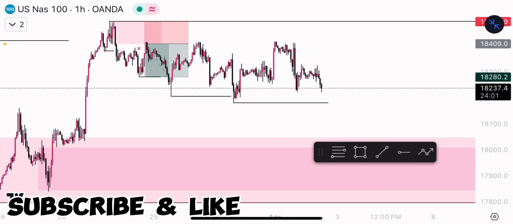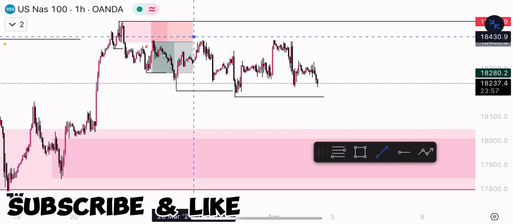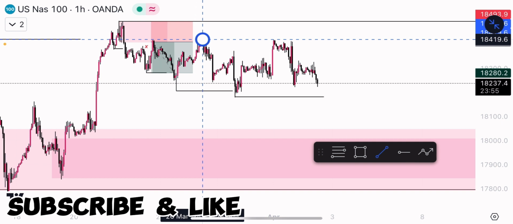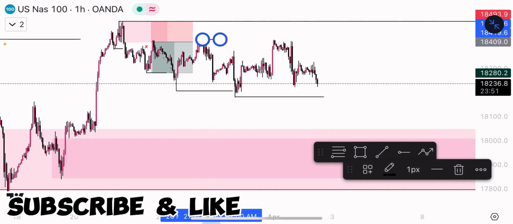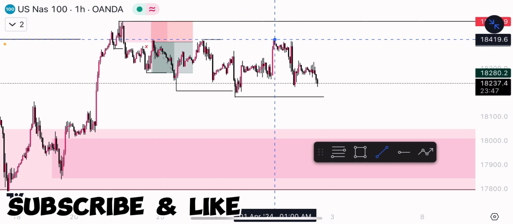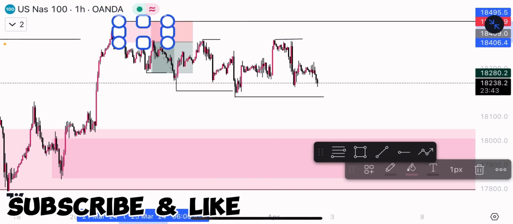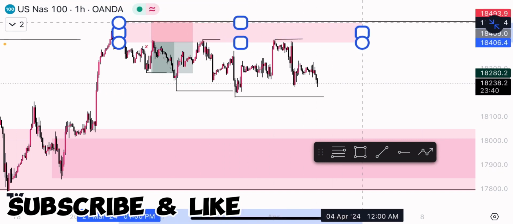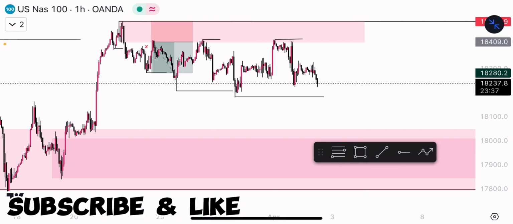As you can see here, the market is forming lower highs, lower lows, lower highs. You can see this high, I think the same equal highs. You can see all of it tapping into this 4-hour demand zone here. You can see it, we're all tapping into it.